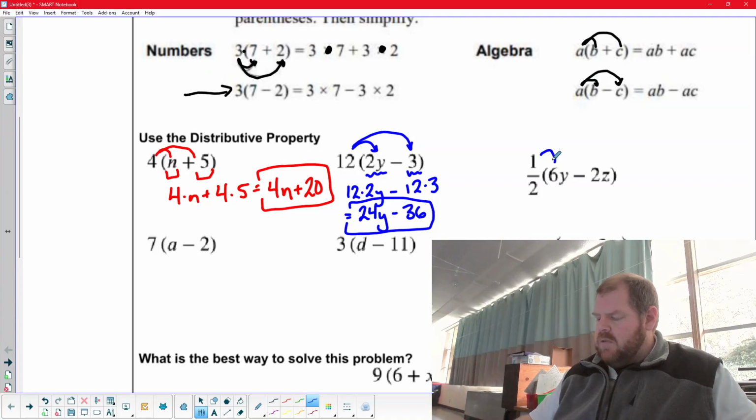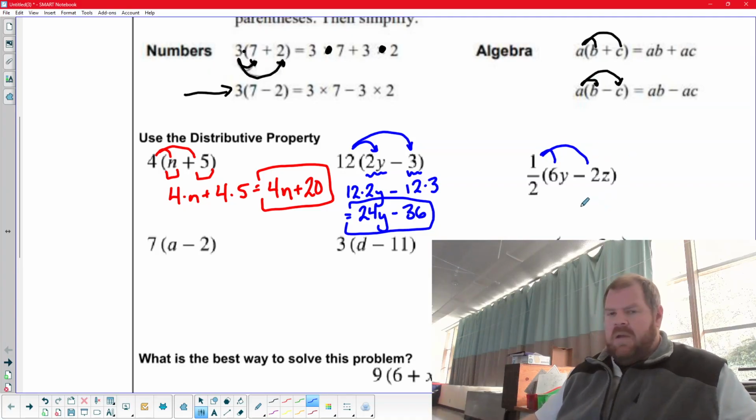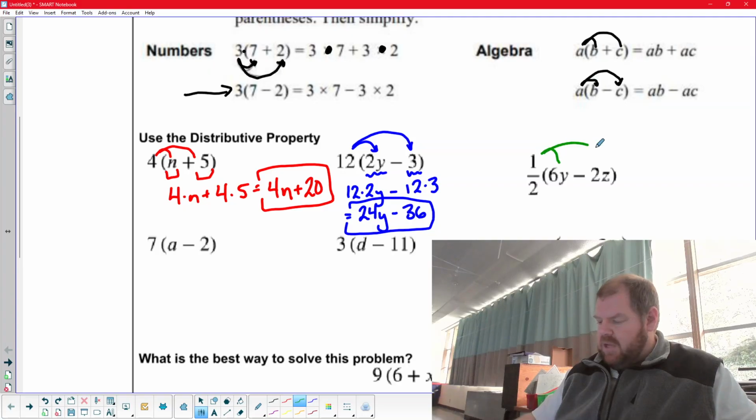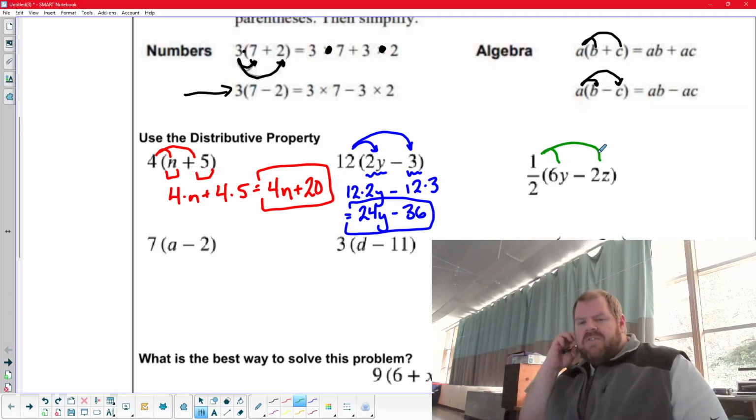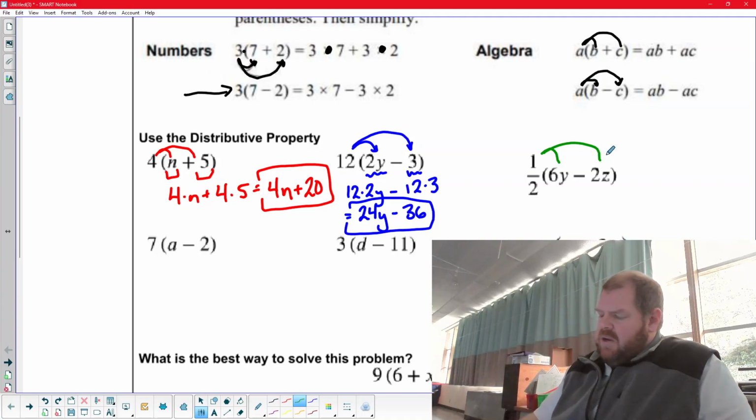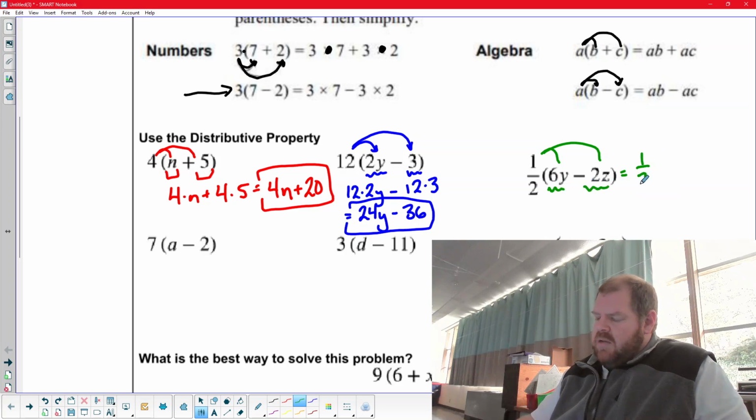Let's look at the next one, and I'm going to switch colors again. We're just doing the same thing. It'll get a little bit repetitive for just a little bit of time here, but then we'll move on to something else. I want to hand out that 1/2 to both of the terms, the 6y and then negative 2z, or minus 2z.